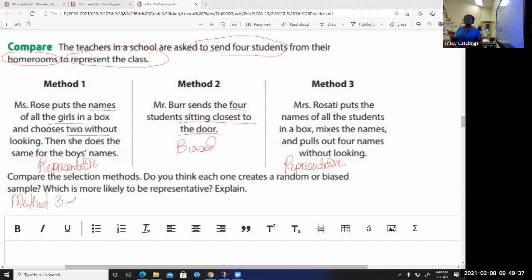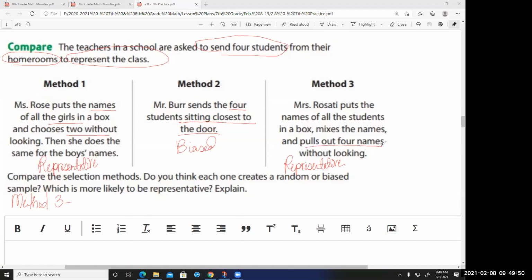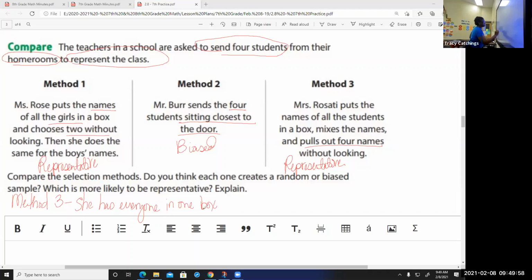Okay, that was Tamir or Alyssa. Either one of you, y'all were talking together. Because she mixed the names of everybody in one box. Good job. She has everyone in one box.